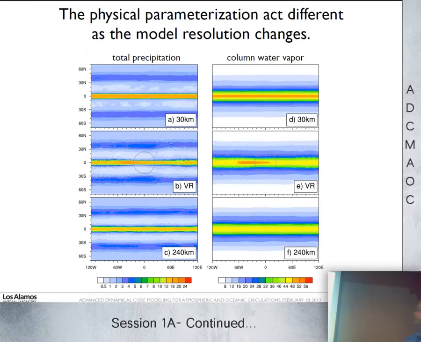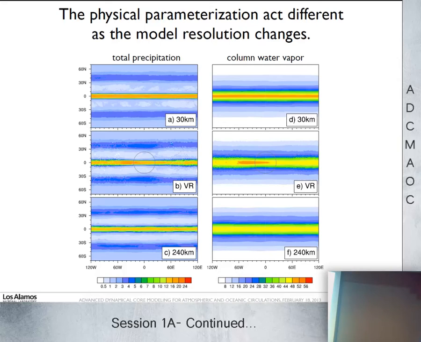But it turns out that while we were doing a very good job with the fluid dynamics, the physical parameterizations aren't scale adaptive. The physical parameterizations act different with different resolutions. And in fact, for the moment here, just ignore these middle panels, okay? And just pretend that they're not there. This is total precipitation and column integrated water vapor from the global 30 and from the global 240. Now, water vapor is a large-scale quantity, and it's a quantity that we would expect to be insensitive to our model resolution.